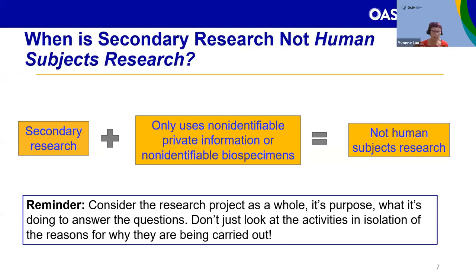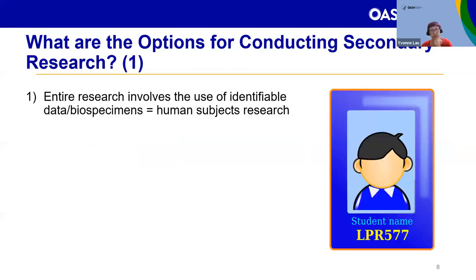And sometimes, referring to that kind of data as just clinical data, saying we're not collecting anything different, does not actually reflect the entire picture. Because an intervention has been introduced, and the purpose was to look at whether the intervention actually changed anything downstream. So that is actually a primary research project, and it would not be secondary research. So just be careful with that when you're thinking about secondary research and determining whether something is human subjects research or not downstream.